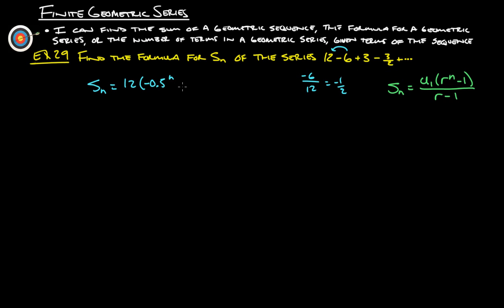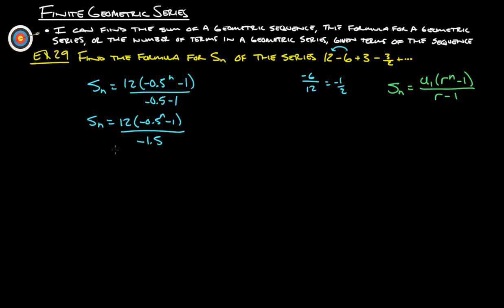I'm going to put negative 0.5 all to the n. We don't know the number of terms. Minus 1 all over our rate, which is negative 0.5 minus 1. Let's simplify this as much as we can. 12 times negative 0.5 to the n, minus 1, all over negative 0.5 minus 1, which is negative 1.5.